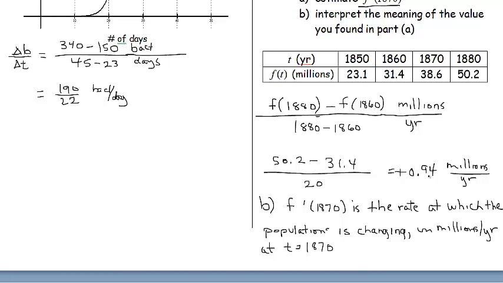Okay, well, based on the fact that we also know what the value is, we could respond a little bit differently too. We could say that this means the population is increasing because we got a positive number. We could say the population is increasing at a rate of 0.94 millions per year at t equals 1870.